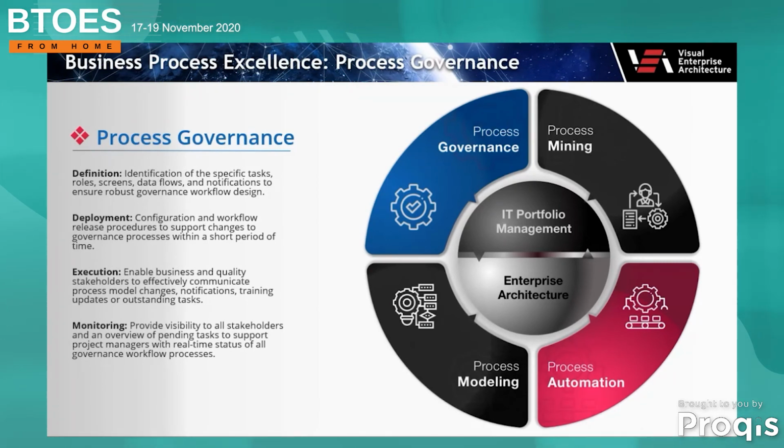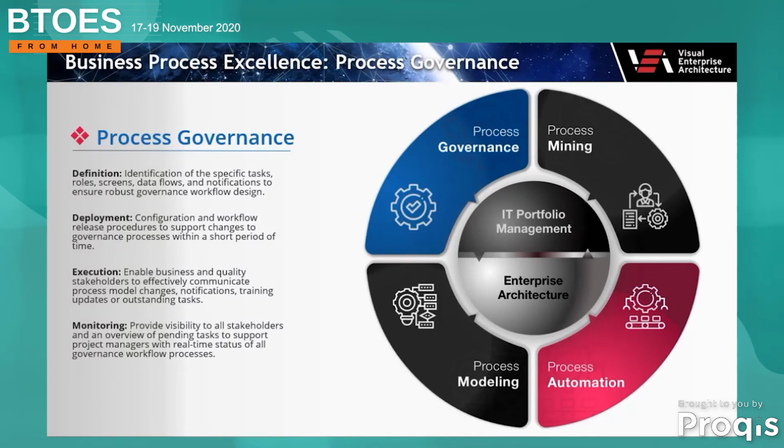These tasks ensure that the delivery of process governance in the organization meets with approval by all the different stakeholders. Defining the process governance itself means looking at the specific tasks, roles, screens, and participants to make sure that all the communications about the workflow of process governance have been uniformly defined.